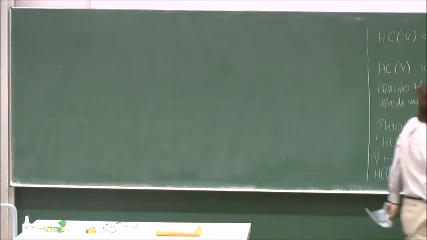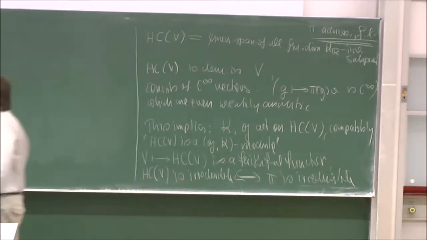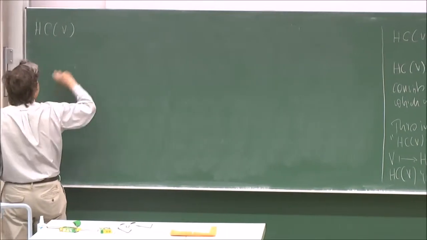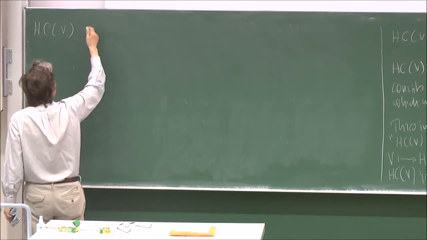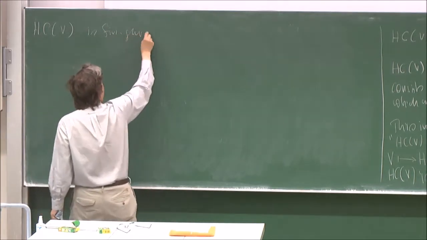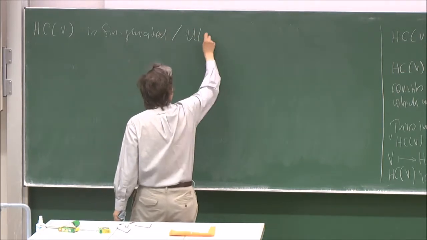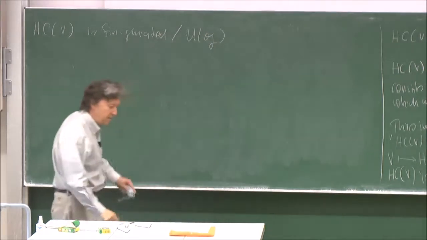So under this standing assumption, HC of V is finitely generated over the universal enveloping algebra of g.